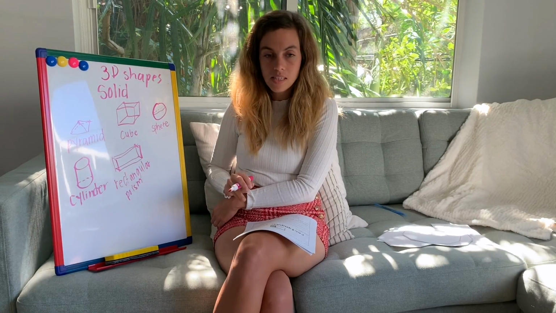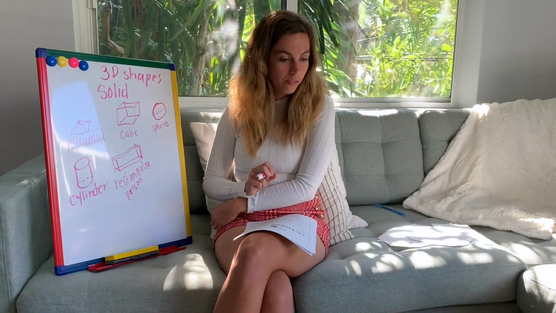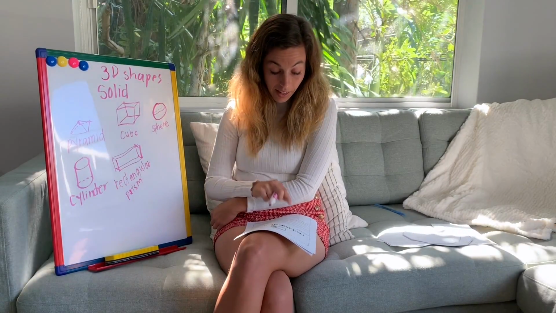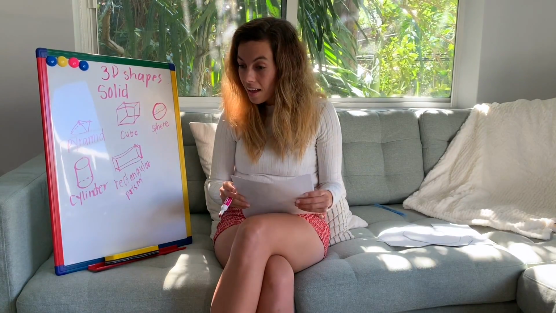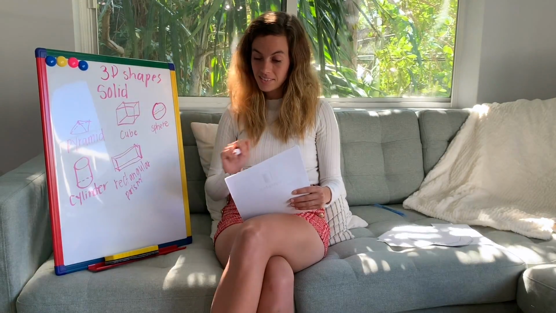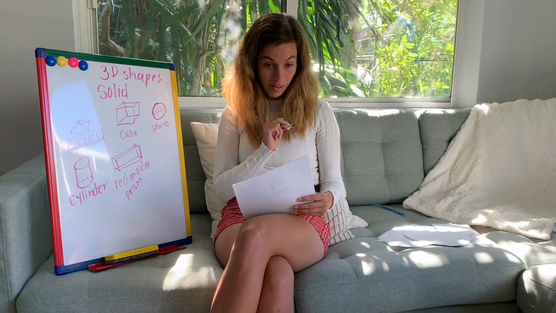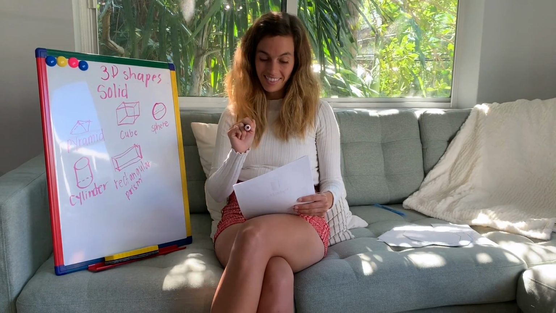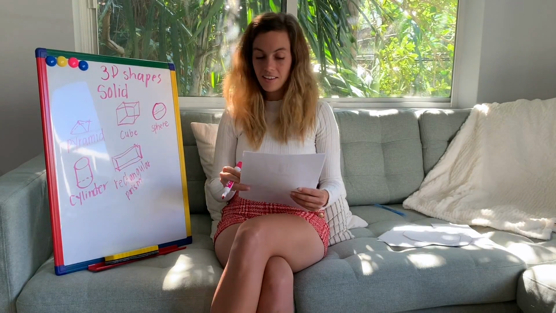Where might you see this shape in real life? Okay, a brick, dominoes, a Kleenex box, a microwave, a cereal box, an ice cream sandwich, yeah, very good.